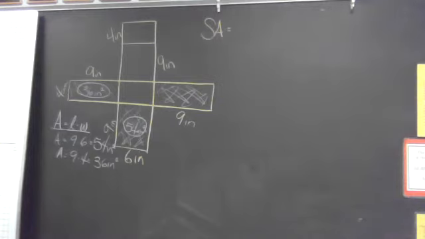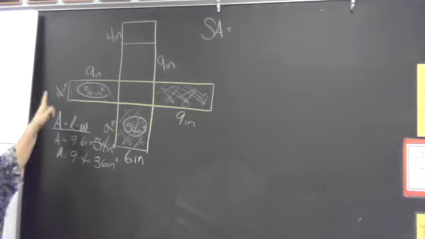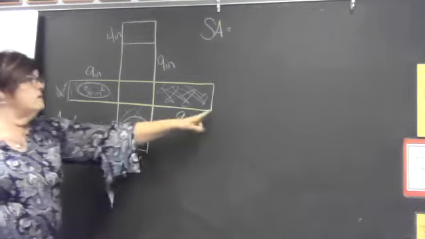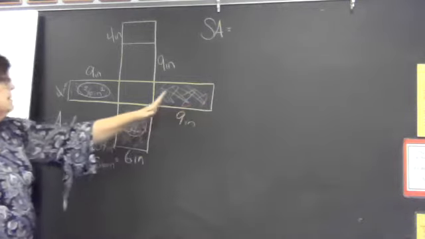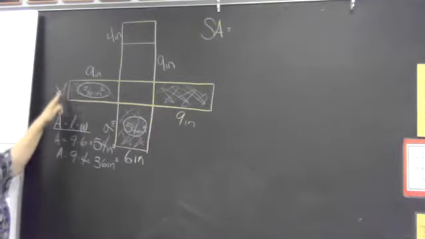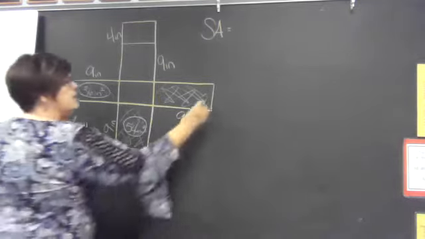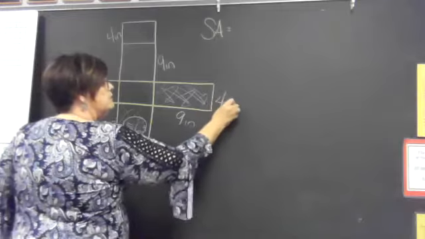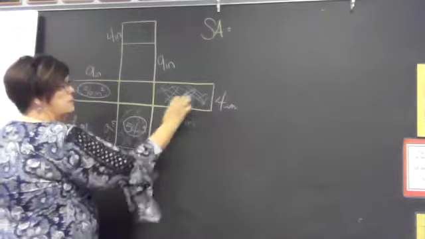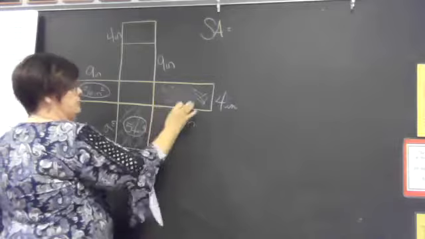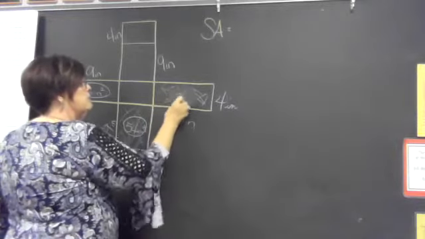I said you just move it over because it's the same length and height. Rachel said the width is the same as this width. So we can make this 4 inches also. So we have 9 times 4, which is 36 here. You are correct, Rachel.